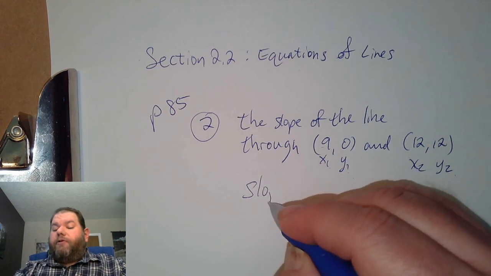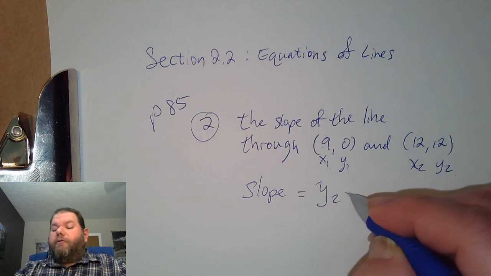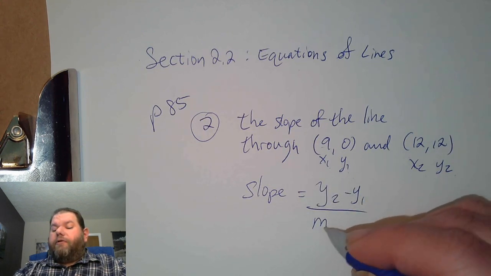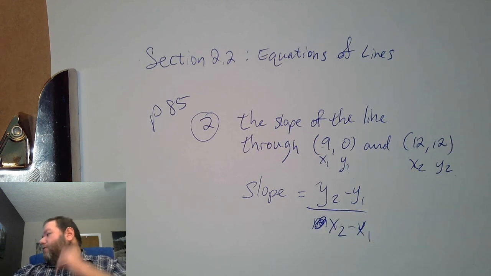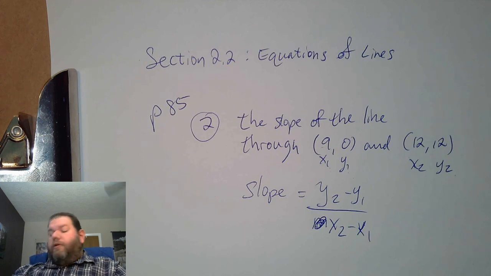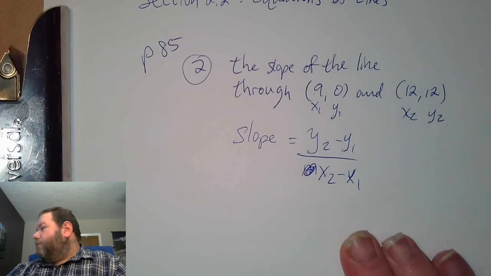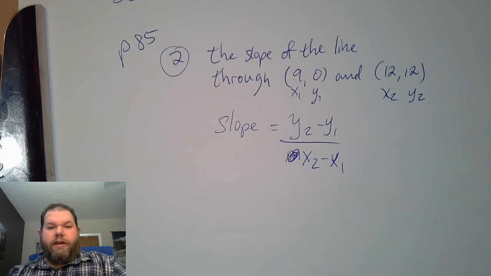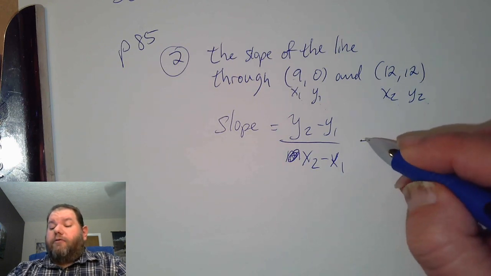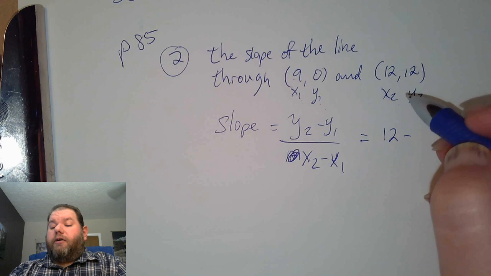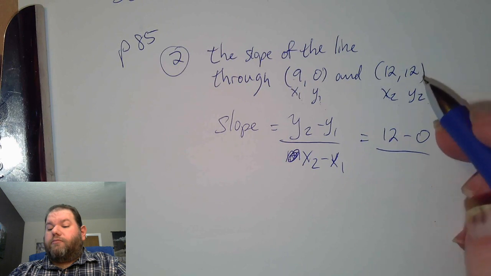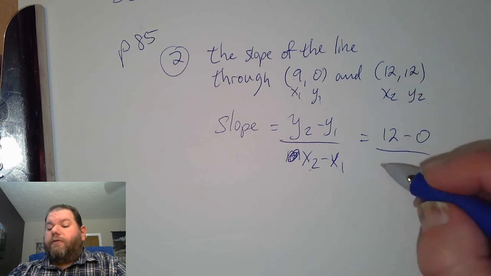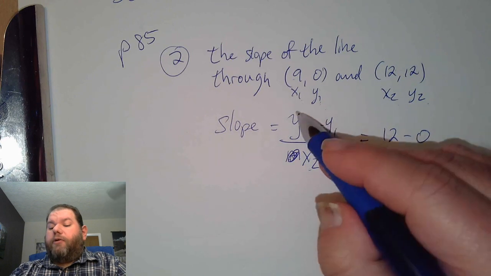Now our slope, we know, is equal to y2 minus y1 over x2 minus x1. So really it's just a matter of plugging in the values that we've been given in the problem. y2 is 12. y1 is 0. x2 is 12. x1 is 9.